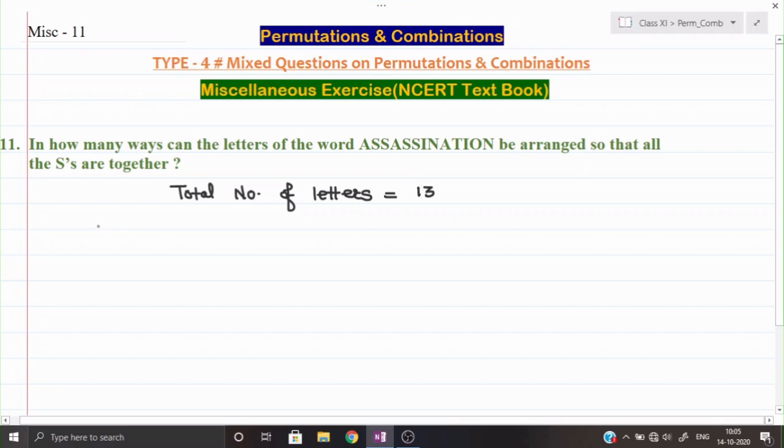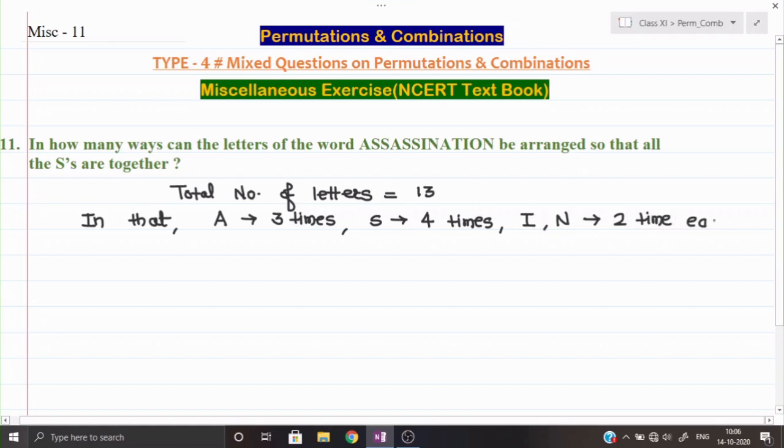In that, A is coming 3 times, S is coming 4 times, T is coming only one time, I is coming 2 times, and N is also coming 2 times.